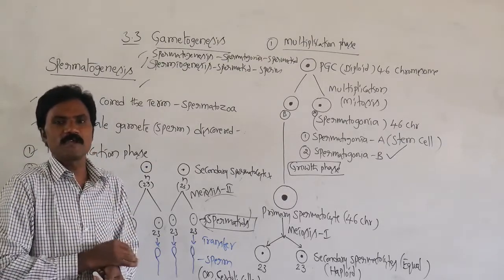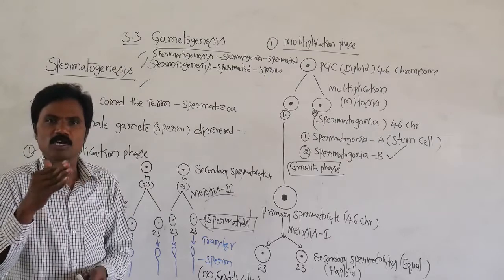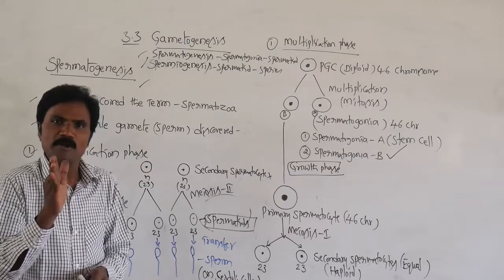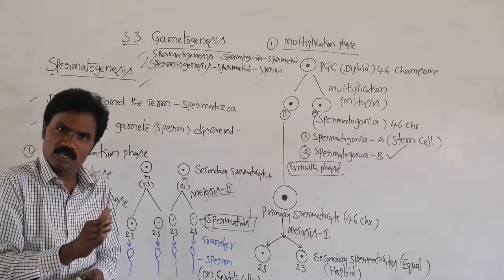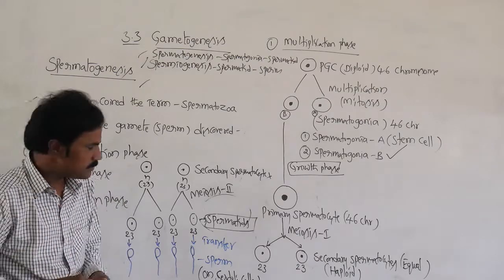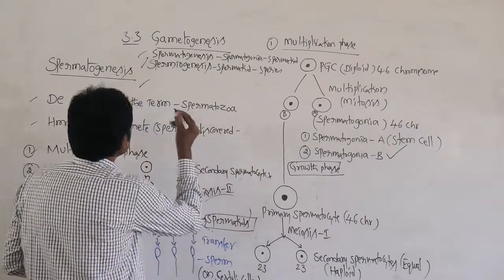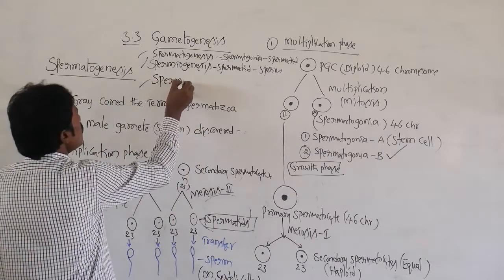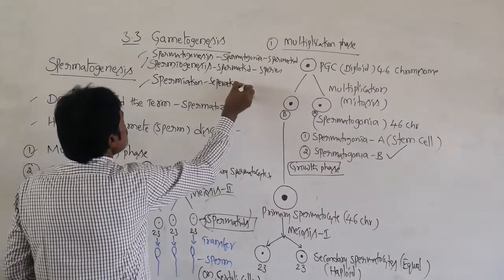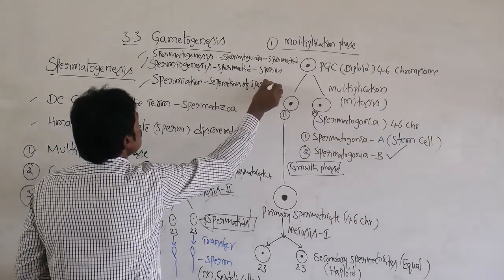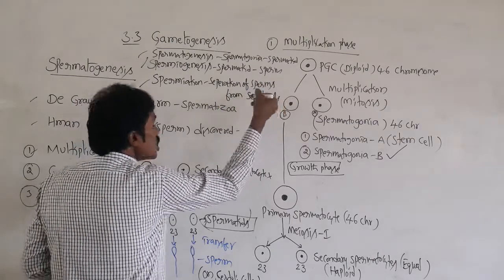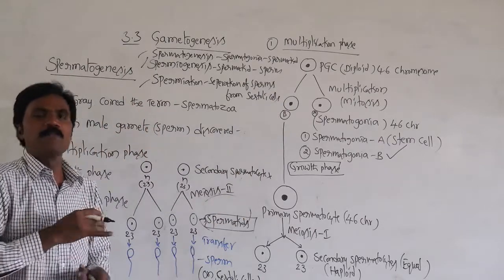After a certain period of time, it is separated from the Sertoli cell into the seminiferous tubule. This separation of mature sperm from Sertoli cells into the seminiferous tubule we call spermiation.